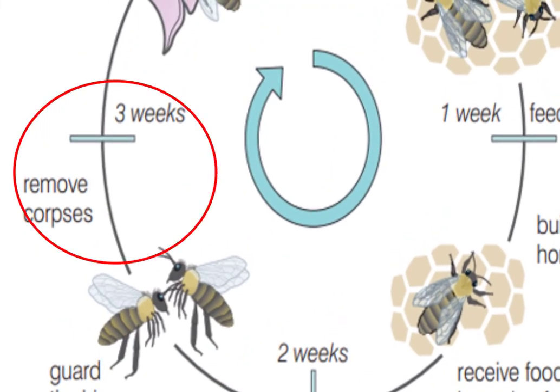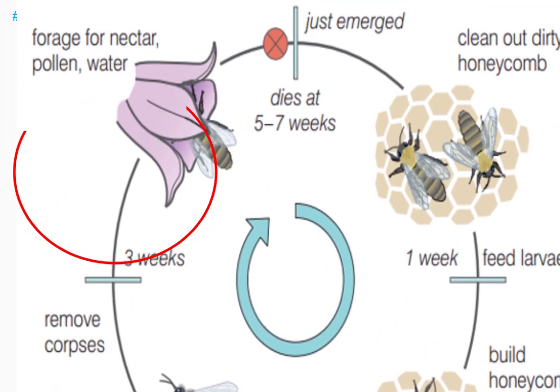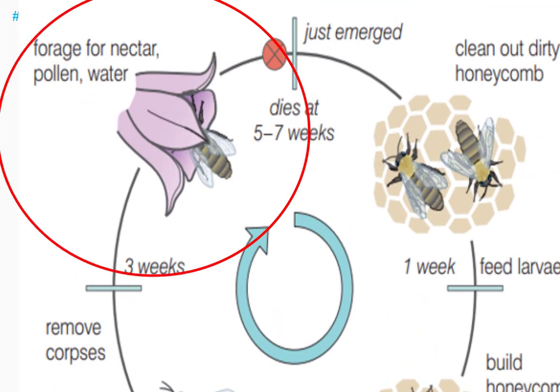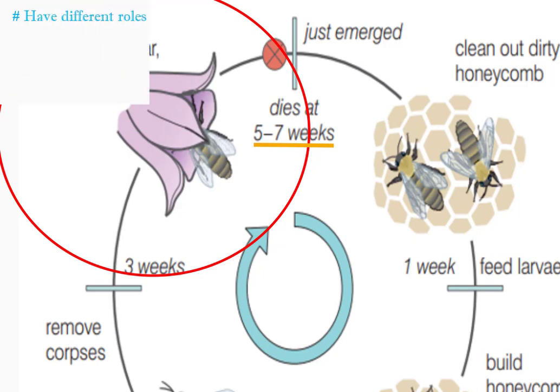At about 3 weeks of age, the worker bees become responsible for removing corpses or dead remains of bees. After 3 weeks of age onward, throughout their lifespan, which is about 5 to 7 weeks, the worker bees become responsible for foraging for nectar, pollen, and water.